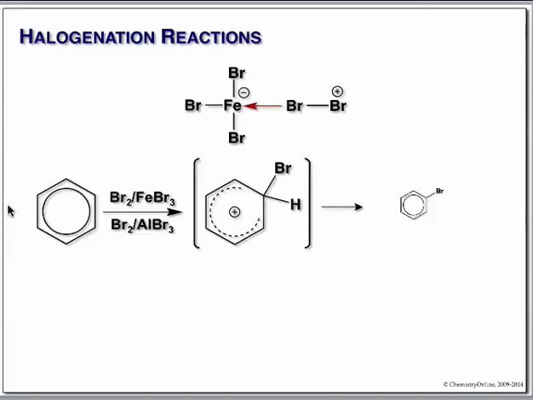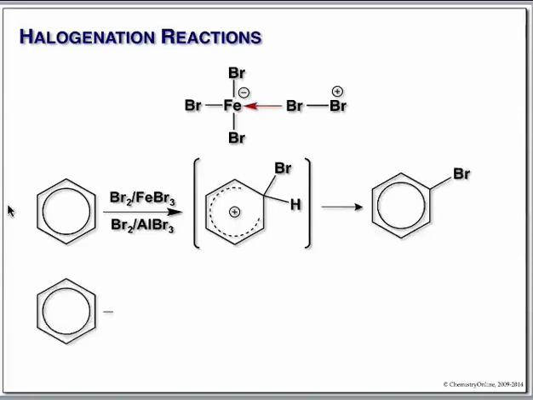When we do that, we regenerate our 6 electrons in our pi system, and we have a substituted benzene. This, of course, works equally well with something like chlorine, iron 3 chloride, or aluminum chloride. The intermediate is always going to be the same.